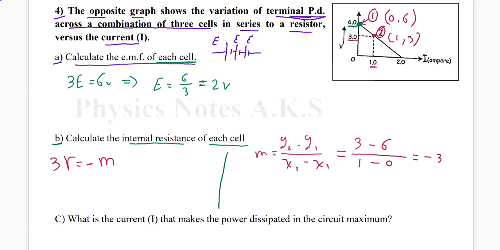So I go back here, 3R equals minus the minus 3, which is going to be 3. So the total internal resistance is 3. If I want to find the internal resistance for each one, it is going to be 3/3, which is 1 ohm. This is the internal resistance for each cell.